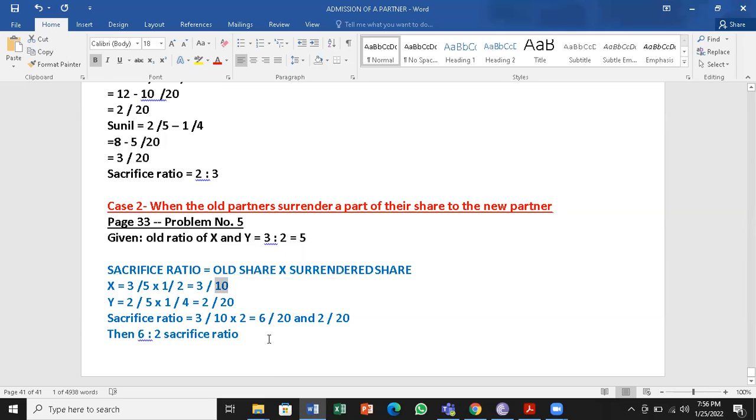When you convert the denominator into 20 by multiplying by 2, the numerator also has to be multiplied by 2. So 3 into 2 is also to be done. That becomes 6 by 20. Common number, sir.